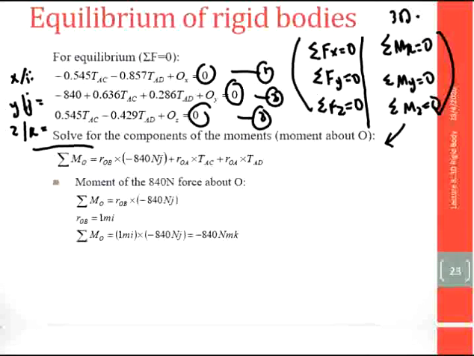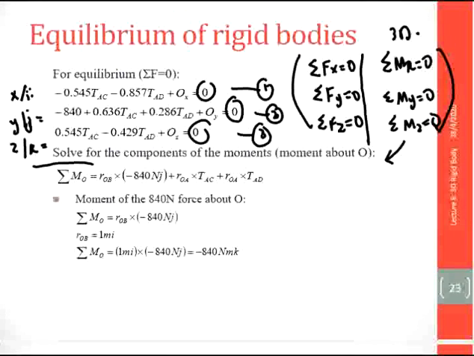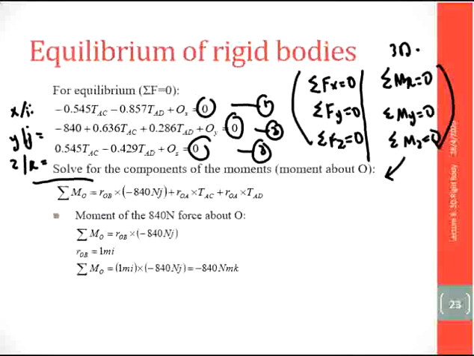Here we have 3 moments. This one is the moment due to F, this one is the moment due to tension AC, and this one is the moment due to tension AD. So solve one by one.